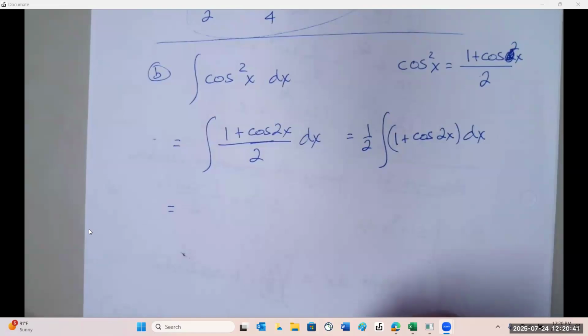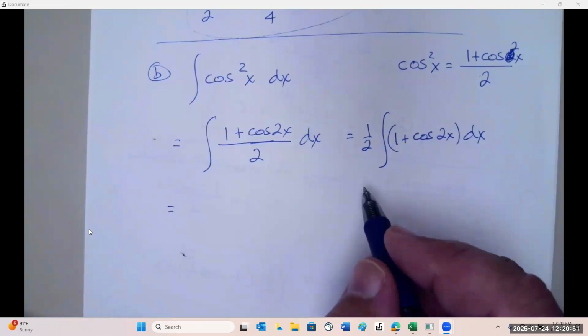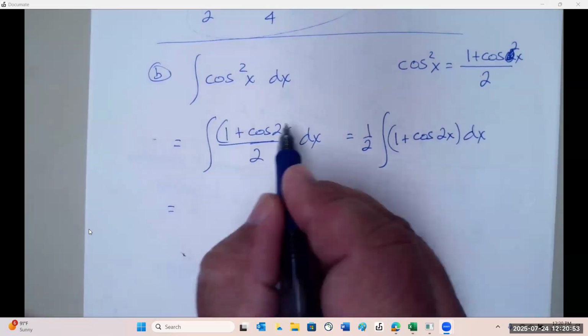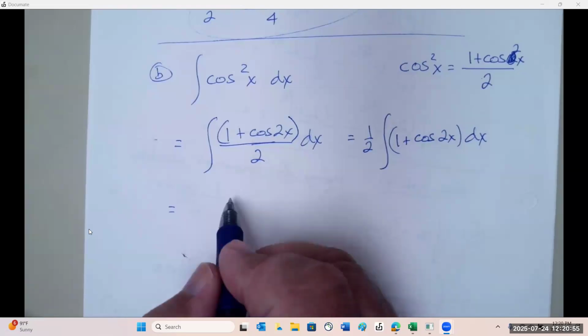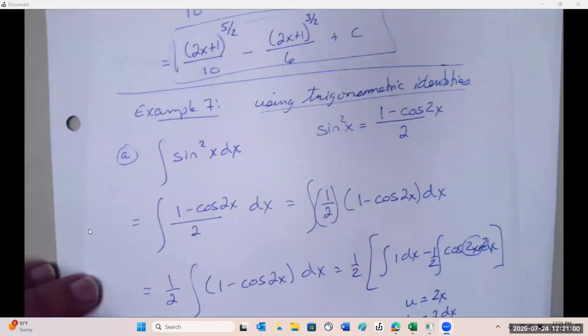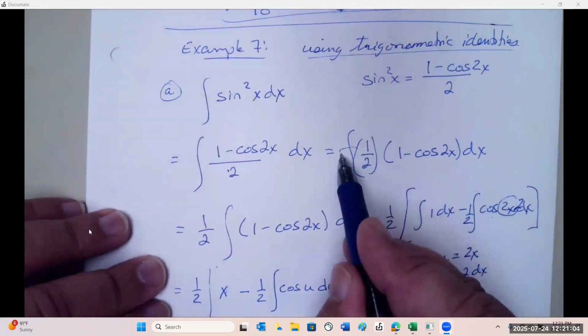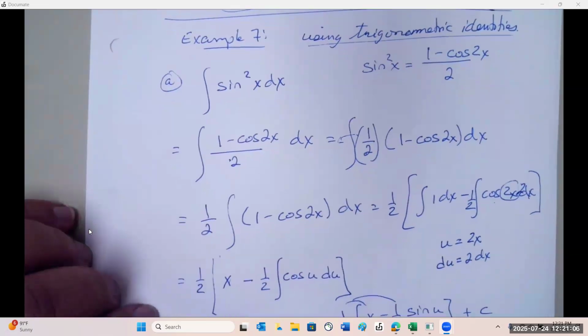What do you mean? Where you changed 1 plus cosine 2x over 2, you brought the 1/2 out, the constant. So shouldn't it be cosine 2x instead of 1 plus? Yep. Because the top is still the top. All I did was factor out the bottom part. The same thing I did the last question. Since this is a fraction, I can bring the fraction out in front. This constant could go out in the whole thing.